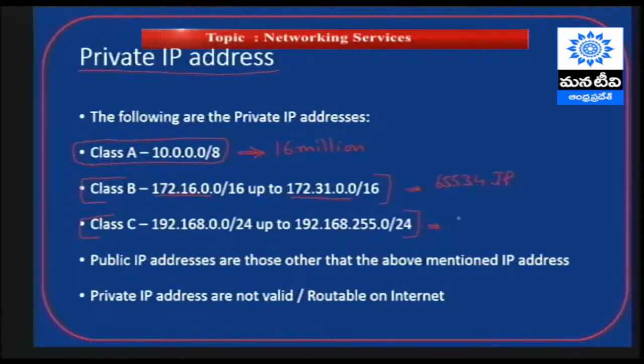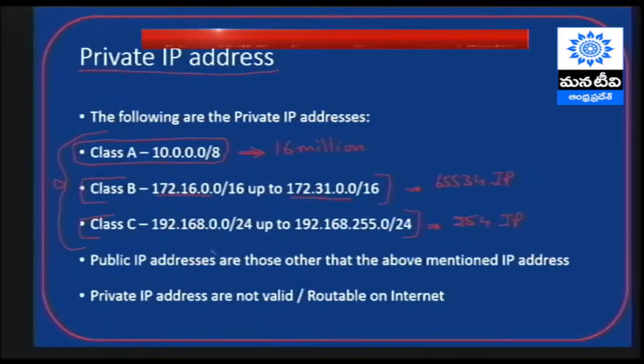It's 254 multiplied by 256 to get the total range of private IP addresses. So these are the addresses that are free to use, and any organization can make use of these IP addresses.